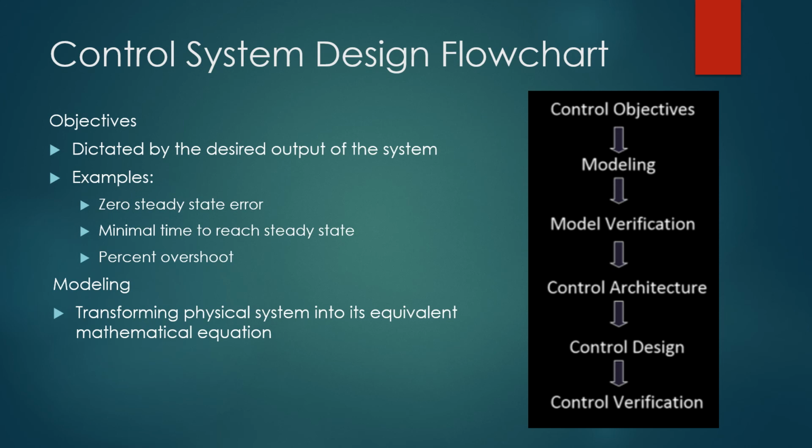Now, once the objectives have been dictated, approved and evaluated, the next step is modeling. Modeling in control systems requires us to transform physical systems into their equivalent mathematical equations.